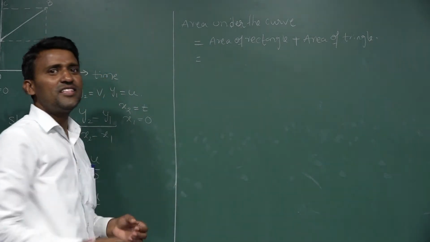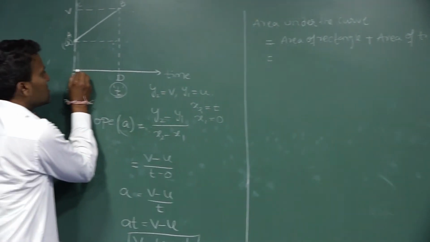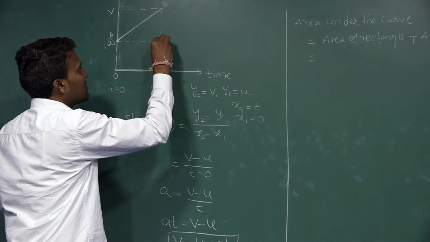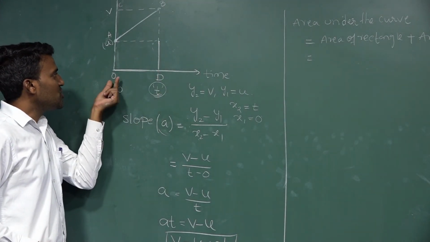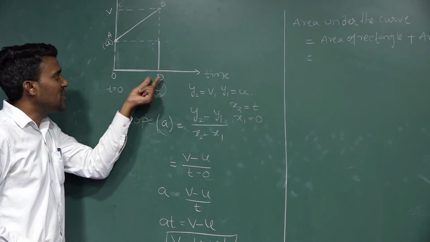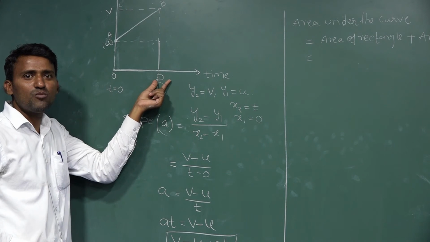It is nothing but length into breadth. This is the length and this is the breadth. Here O is the initial position and D is the final position.